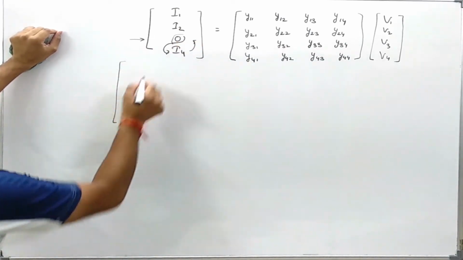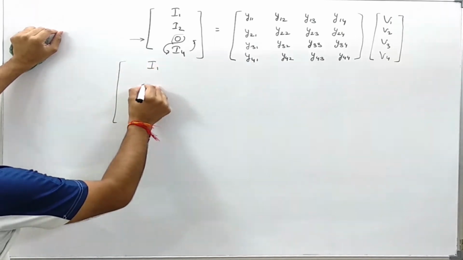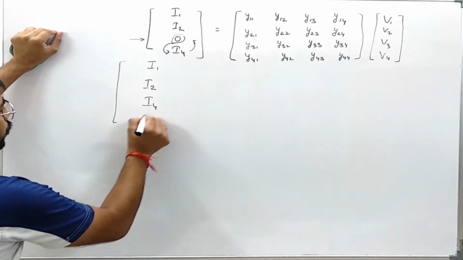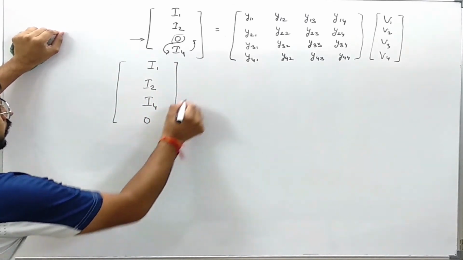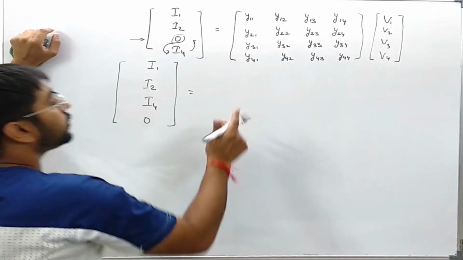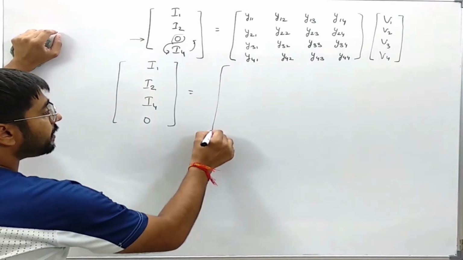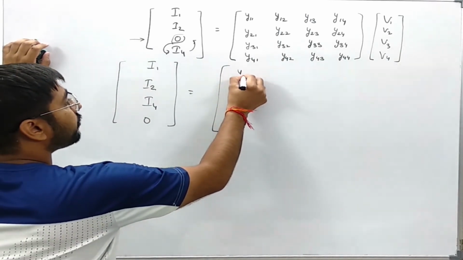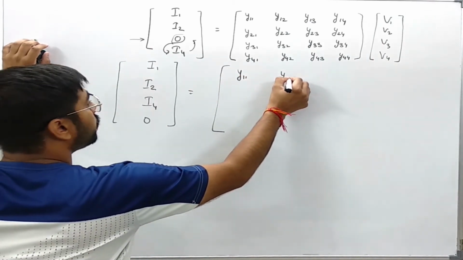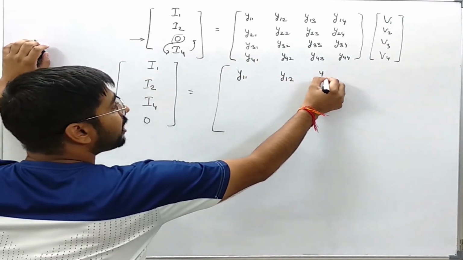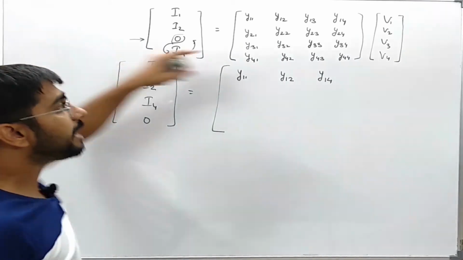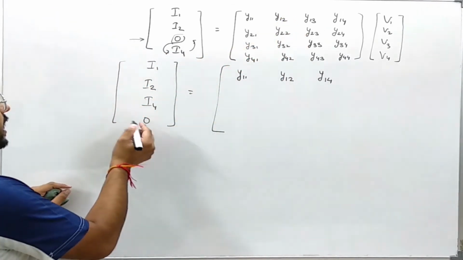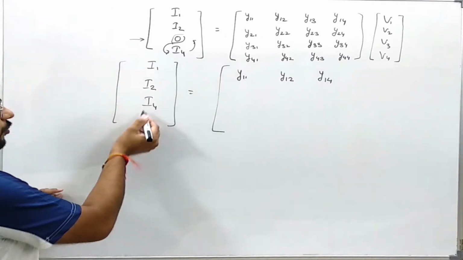We will see. I will write I1, I2, I4, 0. Now this is the crucial part: how I will write the admittance matrix. Y11, Y12, Y14. Instead of writing Y13, I will write Y14 first because I have renumbered 3 to 4 and 4 to 3.